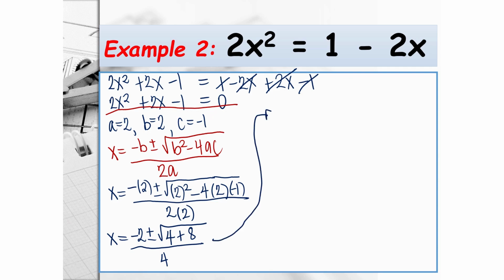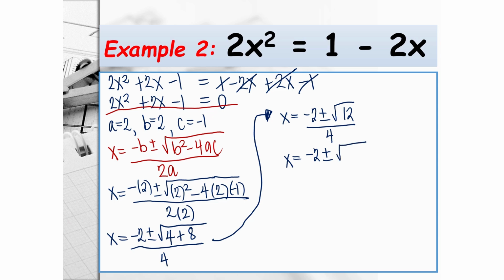Next is x equals negative 2 plus minus, 4 plus 8 we add, so square root of 12 divided by 4. So, x is equal to negative 2 plus minus the square root of 12. Since 12 is not a perfect square, we factor it to see if it has a factor with a square root.